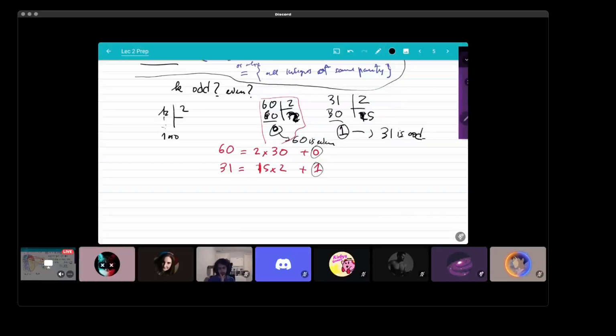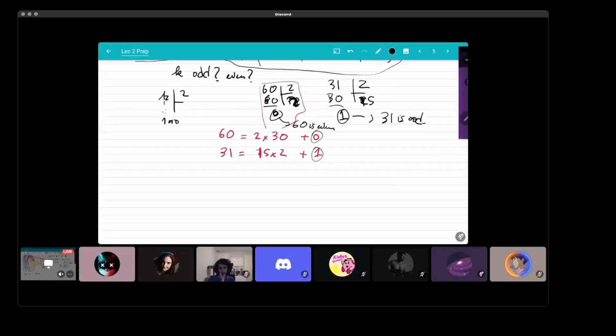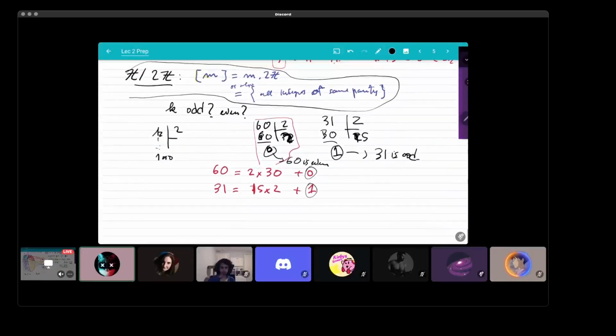So if we just rewrite this in arbitrary integers m, by dividing by 2 we can always write m equals 2 times something plus a remainder, and the remainder is 1 or 0.